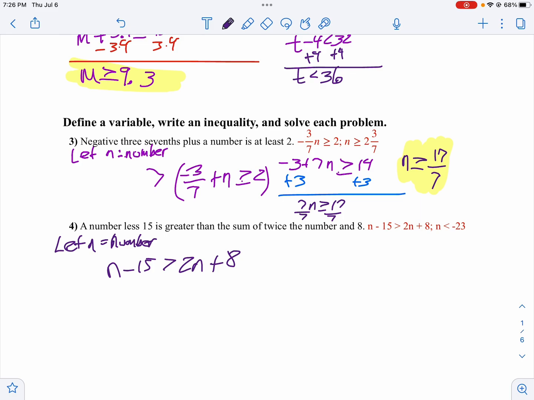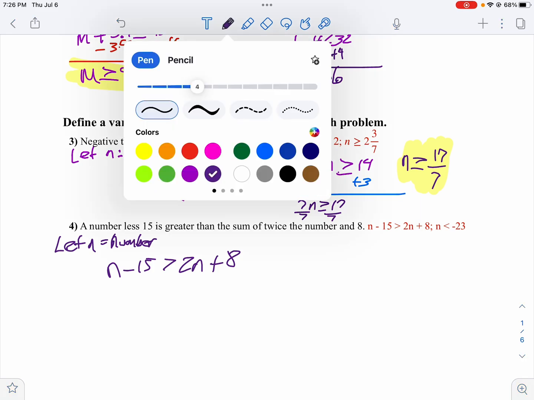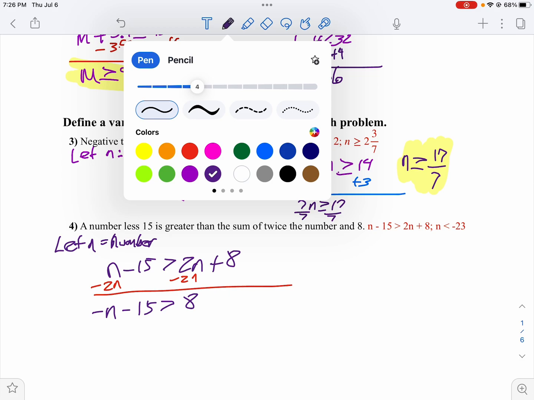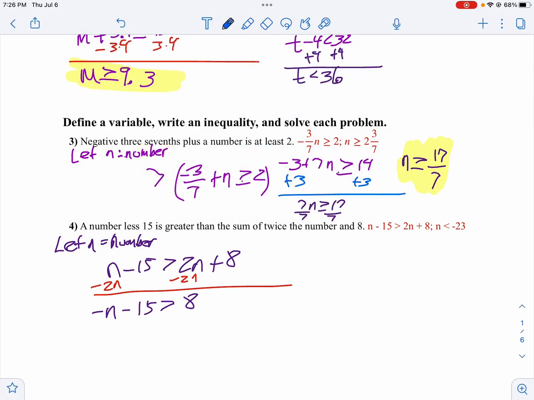Now in this one, I want to get all my variables on the same side. So I'll subtract 2n from both sides. When I subtract 2n from both sides, I'll get negative n minus 15 is greater than 8. I think at this point I'll add 15 to both sides.